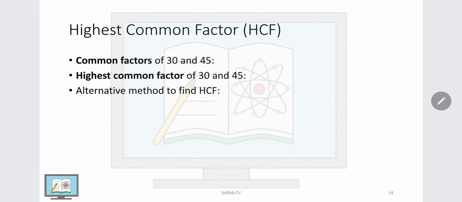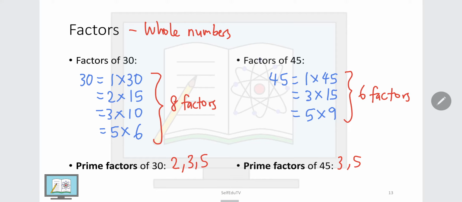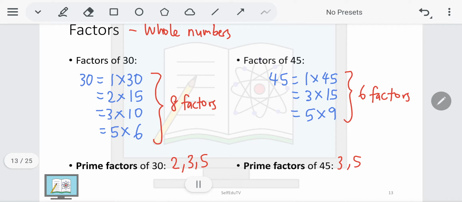So how to get common factors of 30 and 45? You have to get them from the lists just now. Common means the same number appears in both lists. So 1 appears in both.